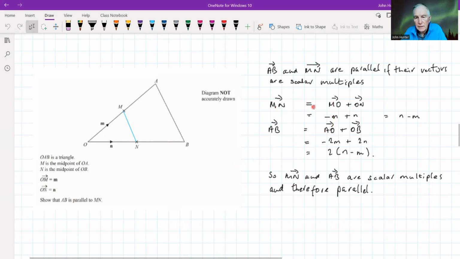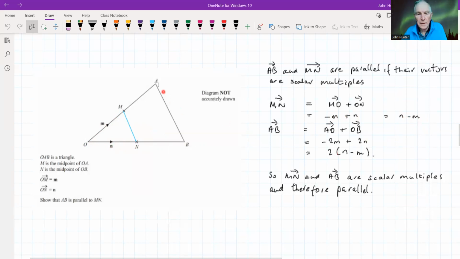MN is equal to MO plus ON, expanding that out. MO is minus OM, so that's going to be minus m. OM is going in that direction, it's m, but we're going from M to O, so that's minus m. And ON is n, straightforward. So that's equal to minus m plus n. That is n minus m.